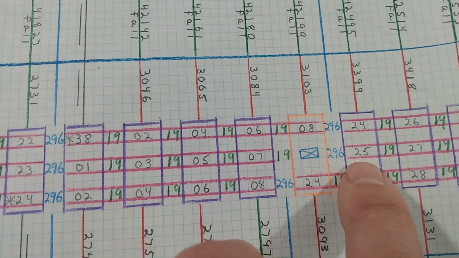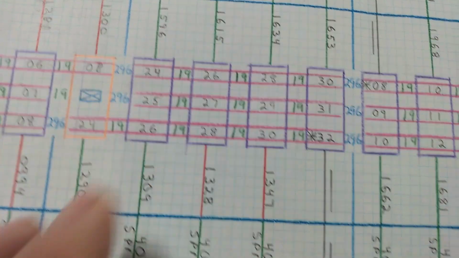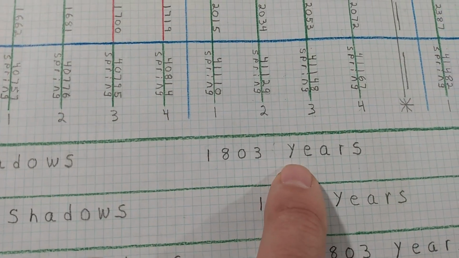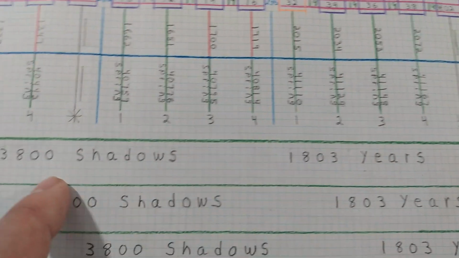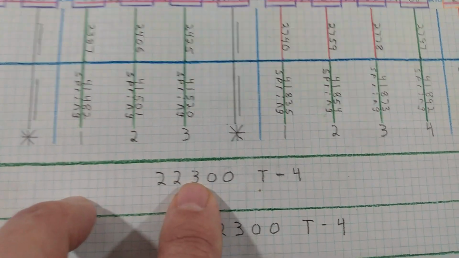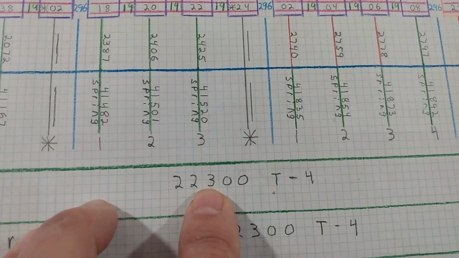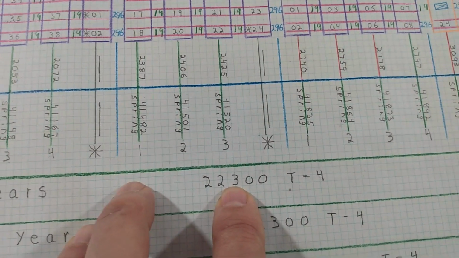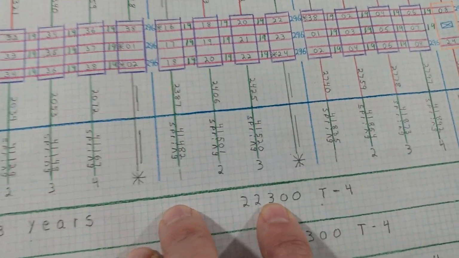You can see right here the 24, 25, 26. 24, 25, 26. This happens over a time duration of 1,803 years exactly. The exact number of eclipses that happen in there is 3,800. And the total number of moons is going to be 22,300 orbits of the moon around the Earth.